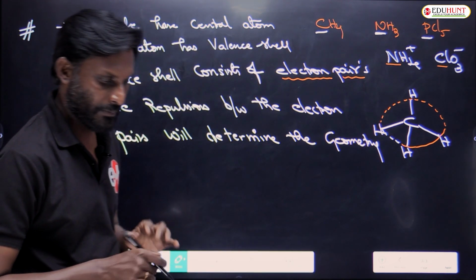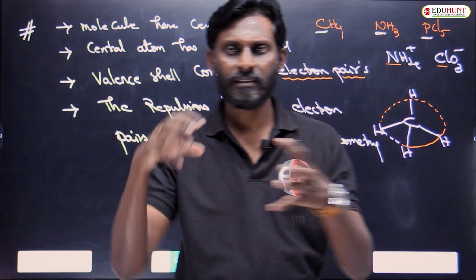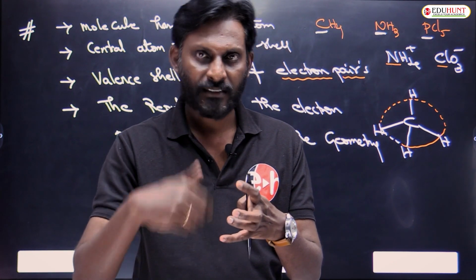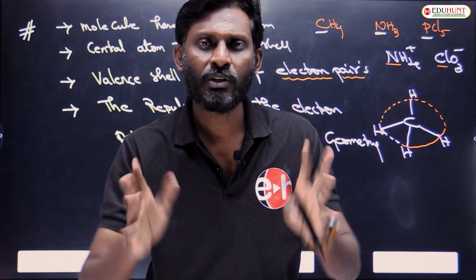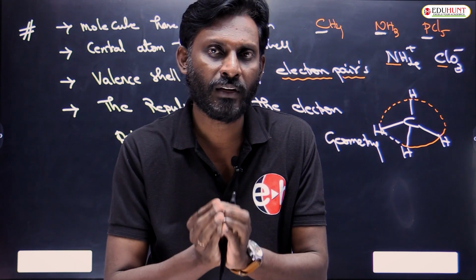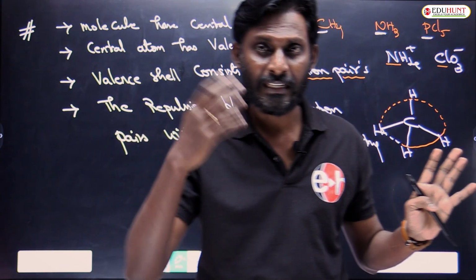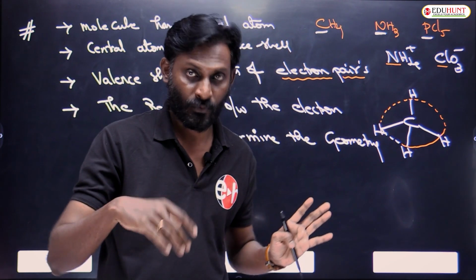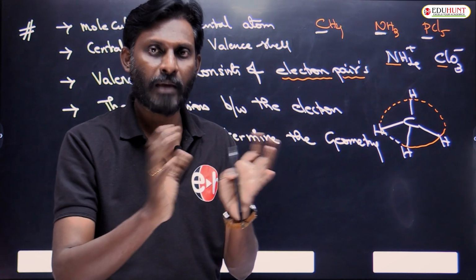So simple. In the beginning, the original theory was so simple. A molecule or ion has a central atom. The central atom has a valence shell. The valence shell consists of electron pairs, and the repulsions between the electron pairs will determine the geometry. That's it. And we generally can't theoretically predict which geometry is suggested for which type of electron pair.